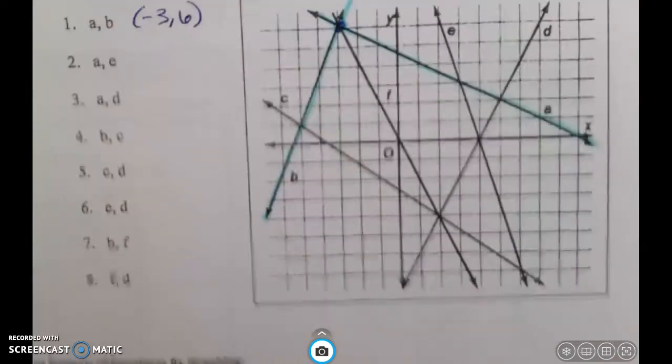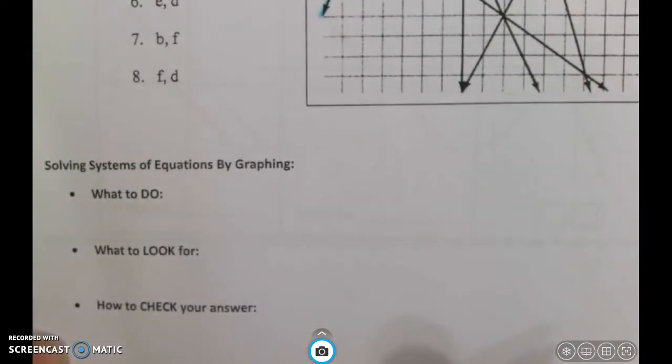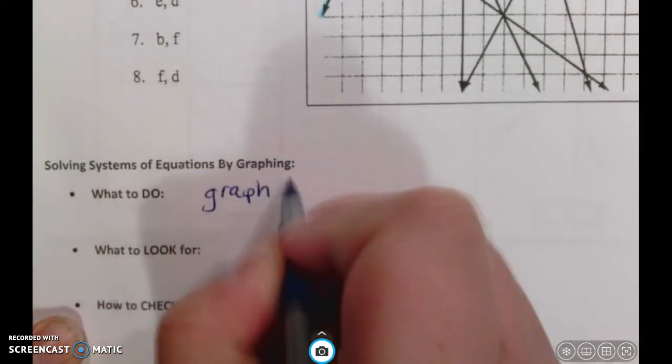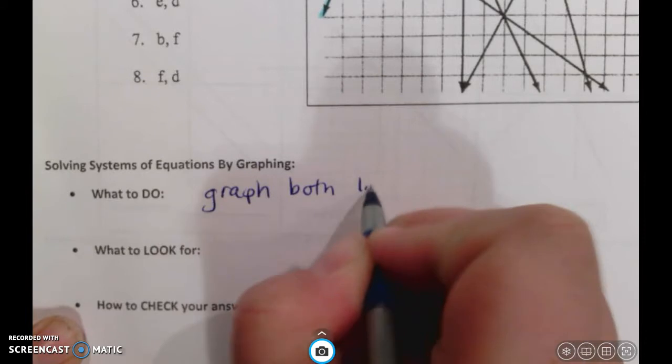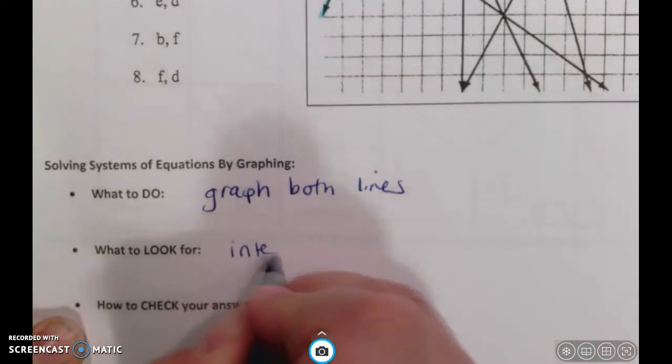So let's move on down to the bottom of the page. And this is going to be the steps you're going to take when you're solving systems of equations by graphing. Step 1 is you are going to graph both lines. Okay, what you're going to look for is the intersection.